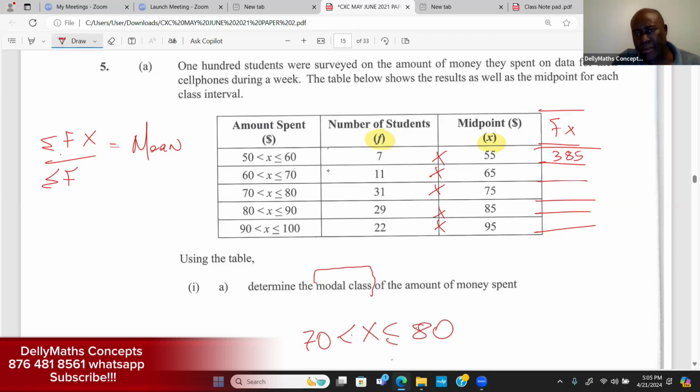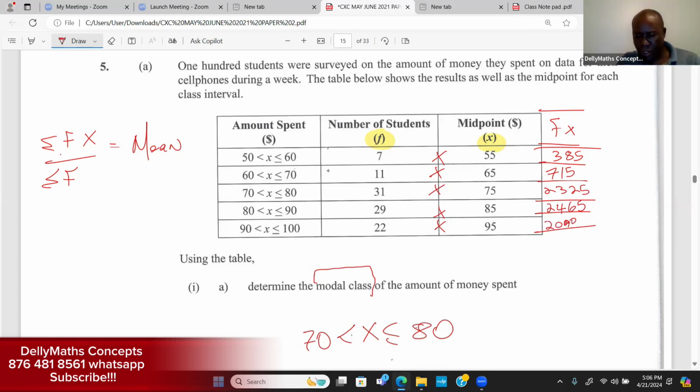Then 11 times 65 is 715. 31 times 75, and that's about 2,325. 29 times 85, and that's about 2,465. And then 22 times 95, that's about 2,090. And we want to sum that up.